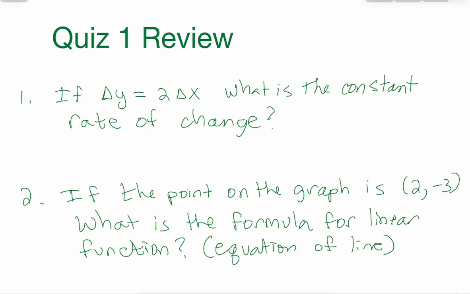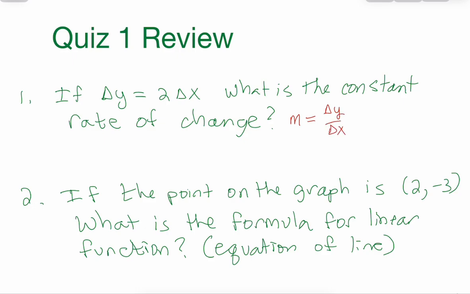Let's take a look at our first one. It says if delta y is equal to 2 times delta x, what is the constant rate of change? So what you want to know for problem number 1 on the quiz is that the constant rate of change is just the slope, which is delta y over delta x.